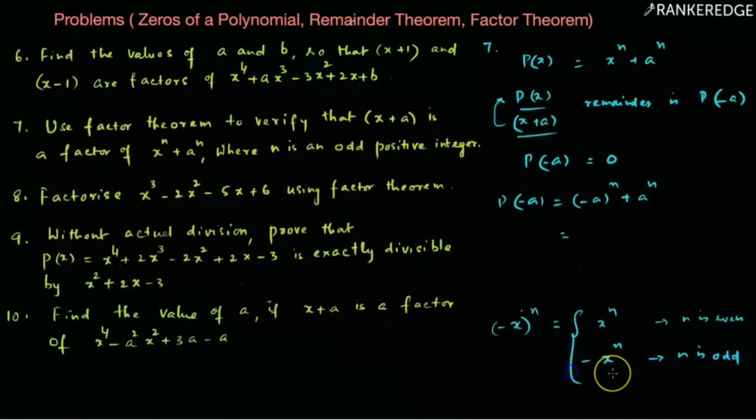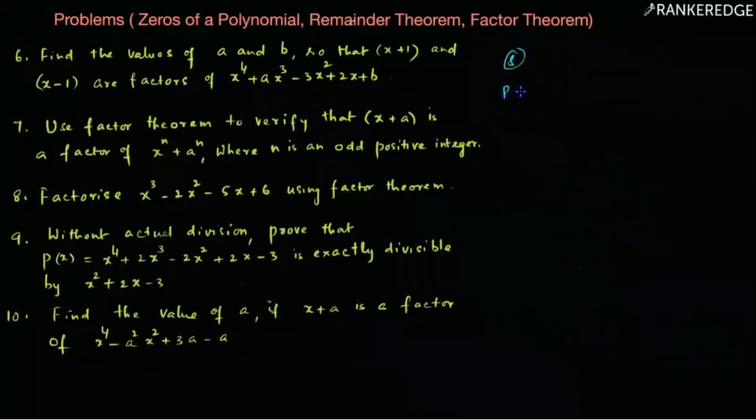This is something that we know from exponent rules. So this will become minus a power n because the problem says n is an odd positive integer. So this is the rule that applies here when n is odd. Plus a power n. So these two get cancelled and this becomes 0. Therefore, we can say that x plus a is a factor of x power n plus a power n because the remainder is 0. Next one.